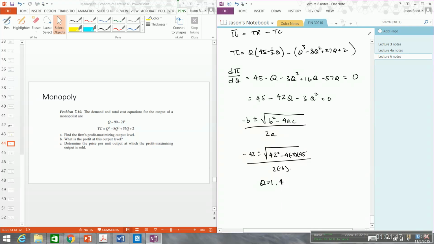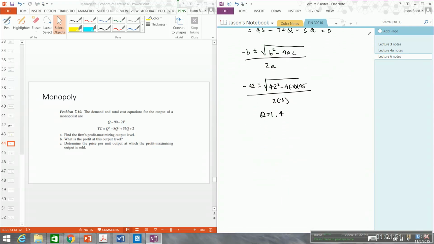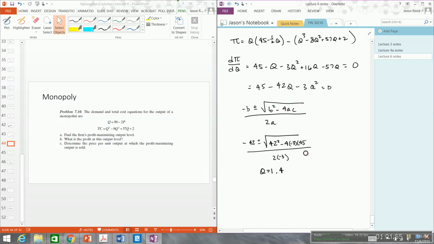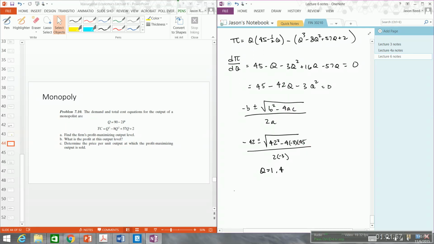So now what we have to do is determine what is the higher profit for us. So we can plug 1 and 4 back into our profit function. So we have profit is equal to 1 times 45 minus 1/2, 1 minus 1 cubed minus 8, 1 squared plus 57 times 1 plus 2.